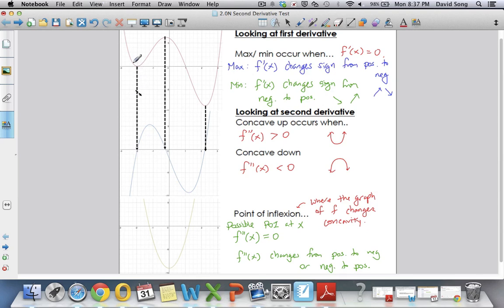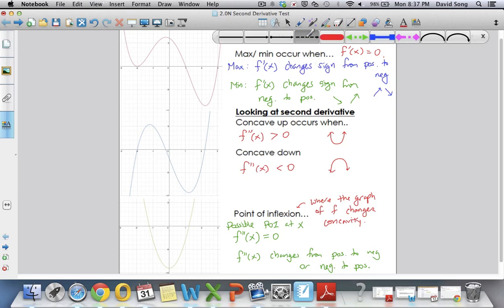Now let's look at the second derivative. If you get rid of these first. All right, so when is my second derivative positive? That's when my graph is concave up, right?